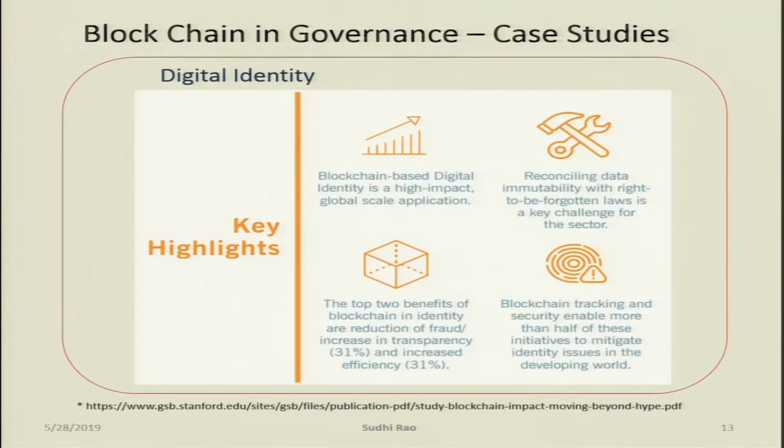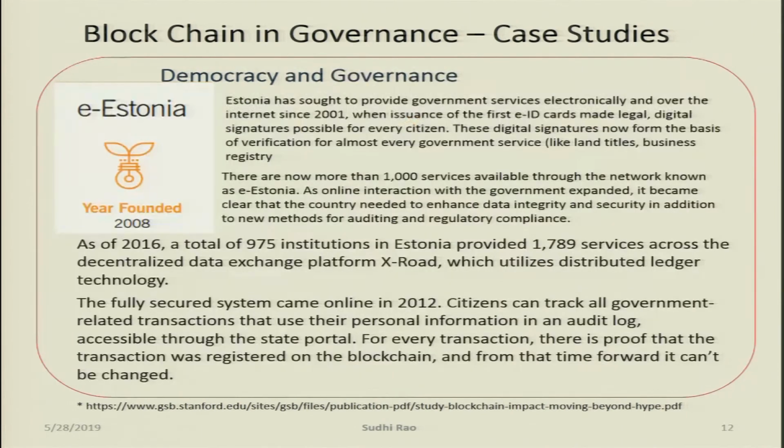Let us move on to the next example, digital identity. Essentially, just now we saw it provided a digital identity in the form of a blockchain and in the form of a digital certificate. And the issue with a digital certificate is that it depends on who the certifying authority is.